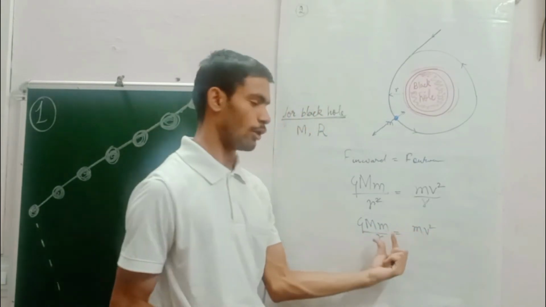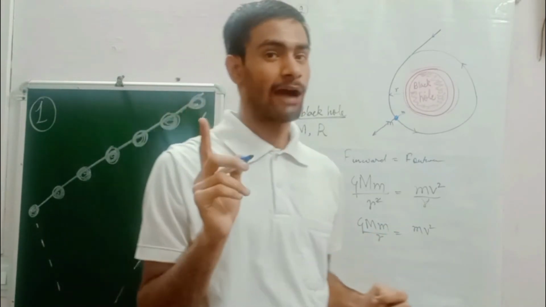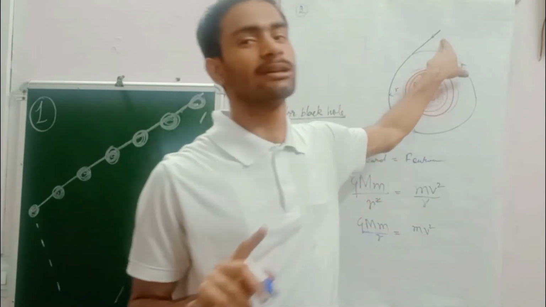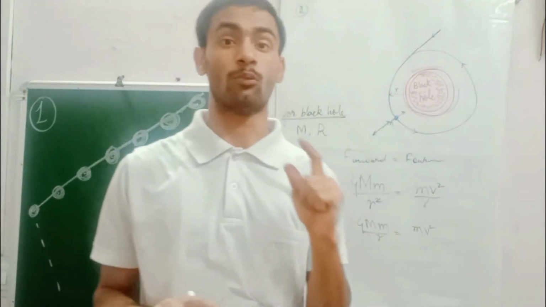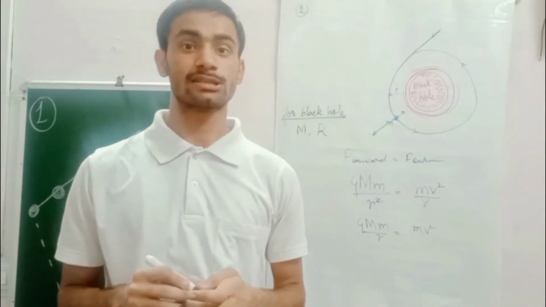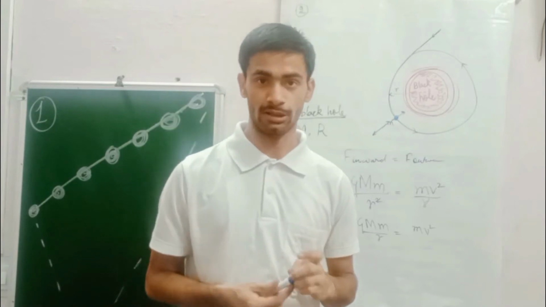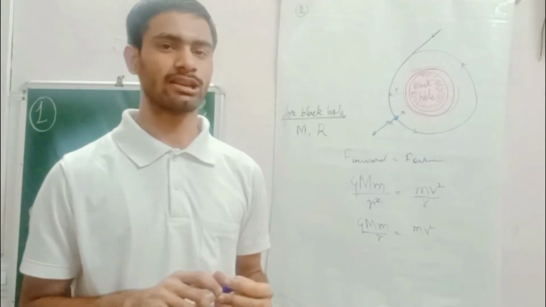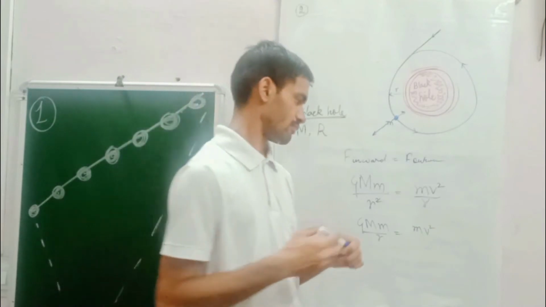I am not cancelling this small m for one particular reason, because I have to correlate this wavelength with this equation, so I must consider momentum, because if there is a wave, there is a particle nature also. We use the de Broglie concept. That's a linkage between the particle nature and the wave nature.